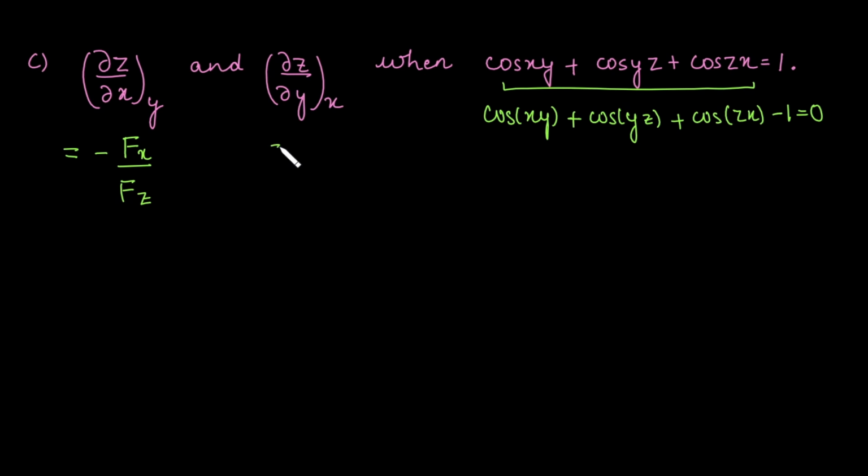In this case, this is equal to negative of partial derivative of function with respect to y divided by partial derivative of function with respect to z. Now calculate the partial derivative of function with respect to x, y and z.